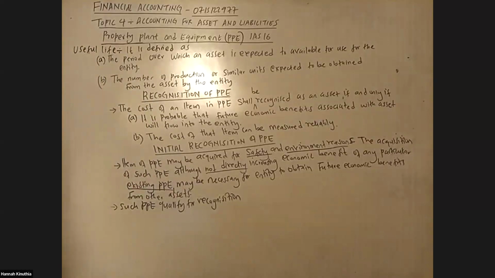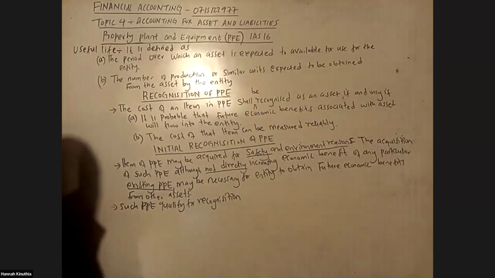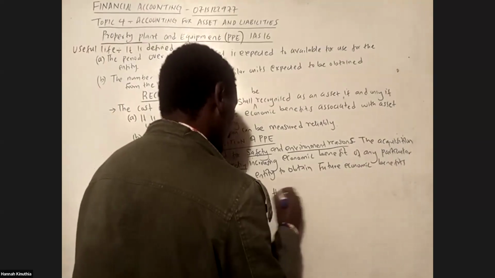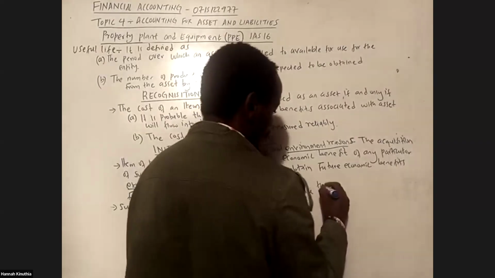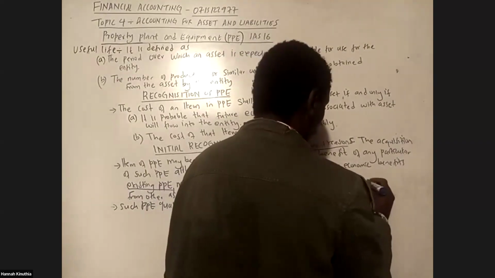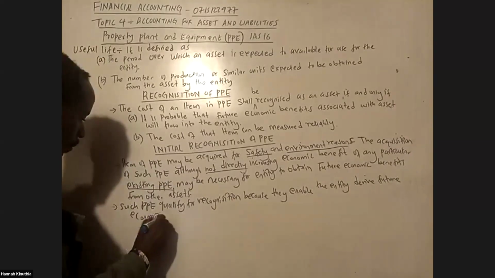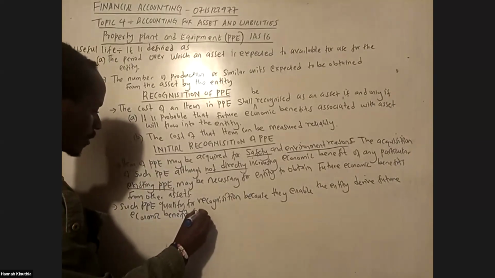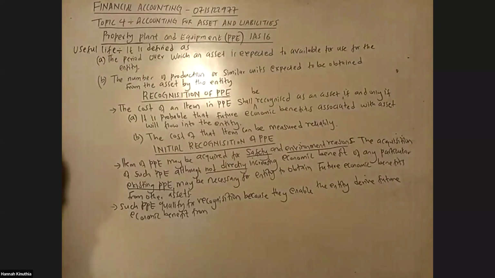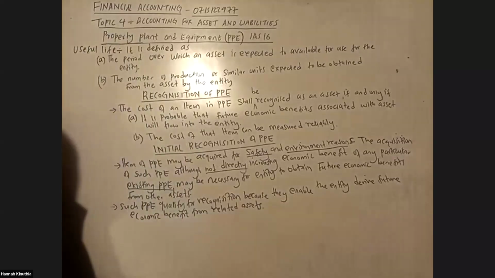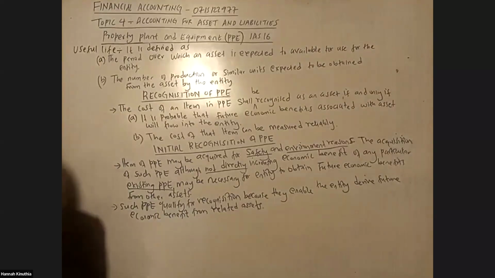Such assets qualify for recognition because they enable the entity to derive future economic benefits from other assets, from related assets. Let us say subsequent. Okay.